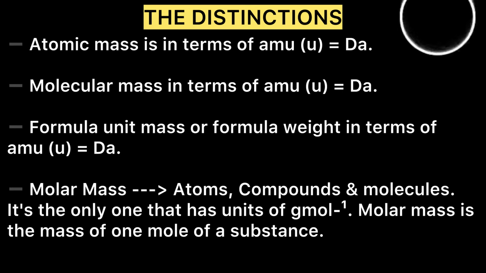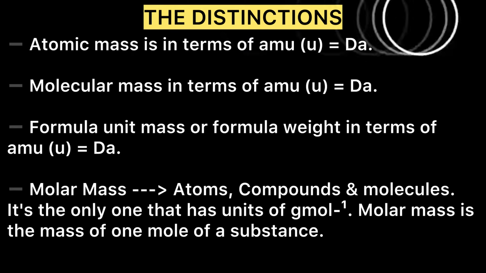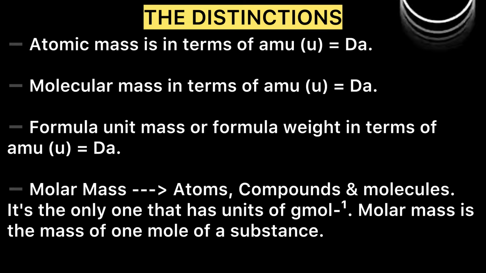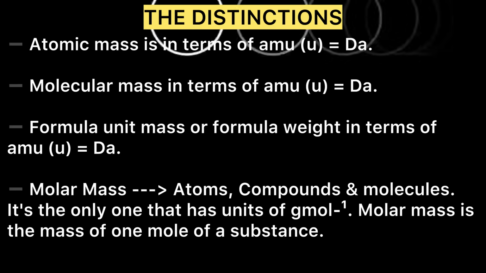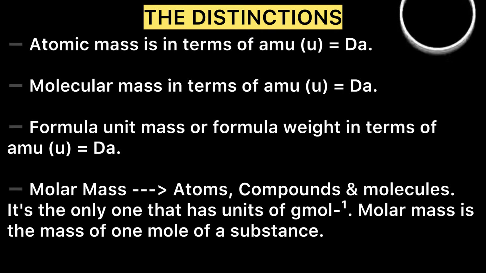And the vital one now, we have said three different things. Relative atomic mass, relative molecular mass, relative formula mass, they don't have units. Atomic mass, they have units. They are represented in terms of atomic mass units or Daltons. What is the atomic mass of carbon?